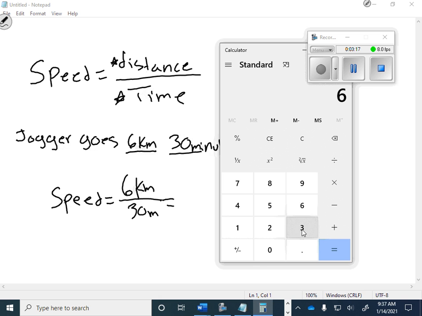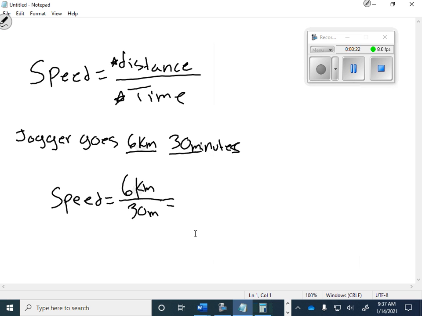Six divided by 30 equals 0.2. So we got 0.2 kilometers per minute. Make sure you remember to label your units. Each one's going to have a label. Make sure you label them. So that one is speed.